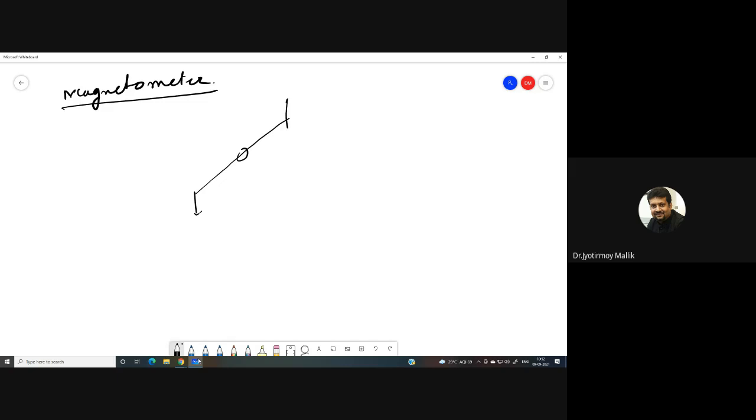Nowadays, with digital technology, there are plenty of magnetometers. I will give you some names. It's not mandatory to memorize all of them, but for your own interest, you can read through the basic principles of these magnetometers. One is called the flux gate magnetometer. For your own interest, you can read about them from Laudi's book or any other book for that matter.